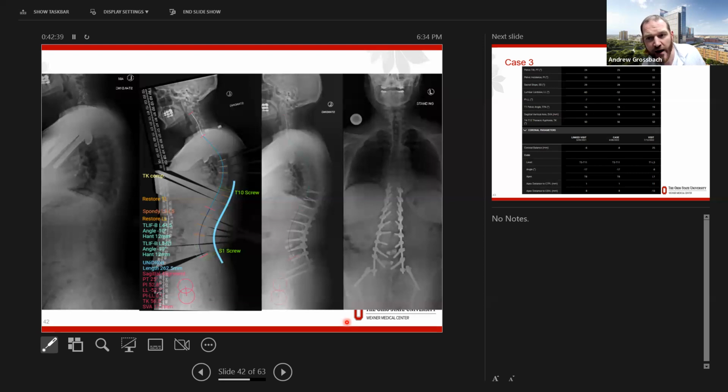I do use the Pro-Access specifically if I'm going to try and close a pedicle subtraction osteotomy, or if the patient's kyphotic and I can put the table into kyphosis and then bring it back. I can't tell you that my corrections are any better or worse with that than the Open Jackson.